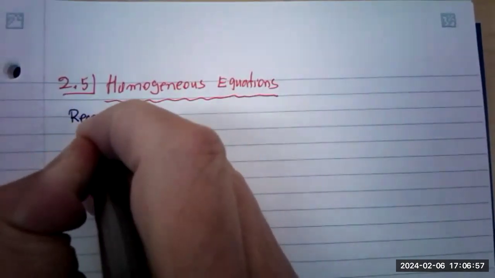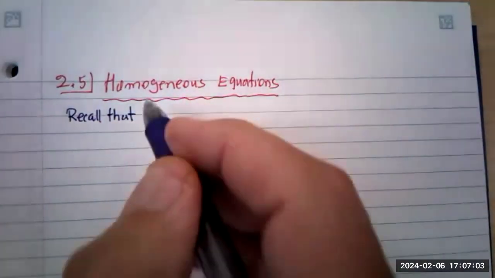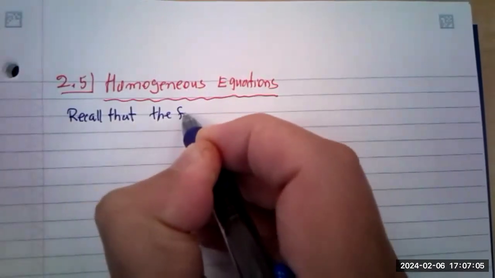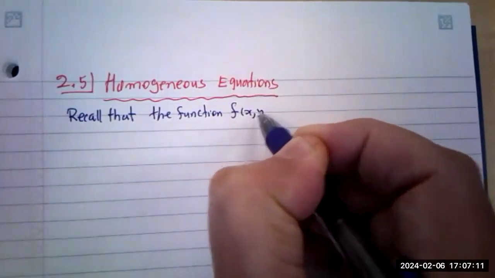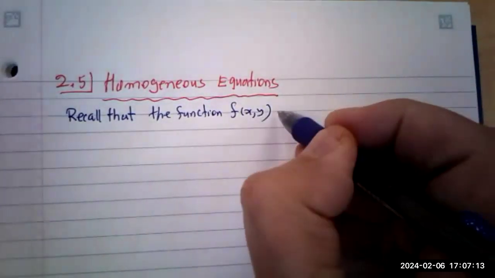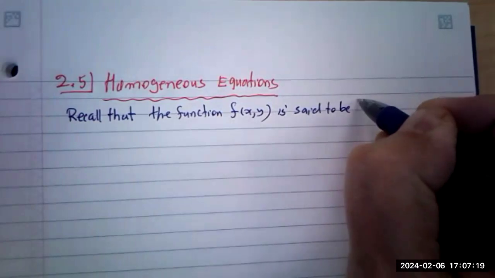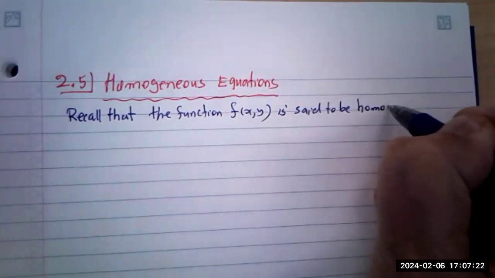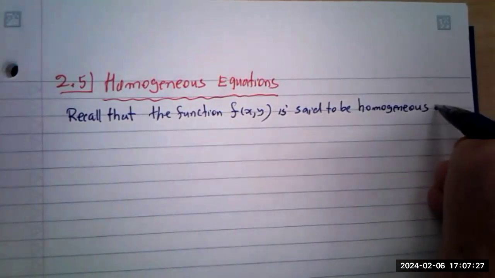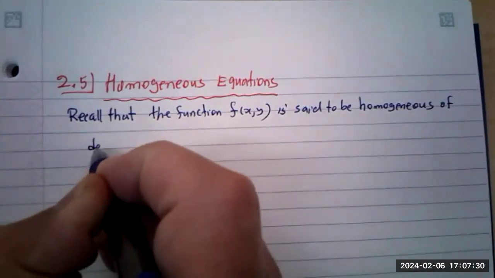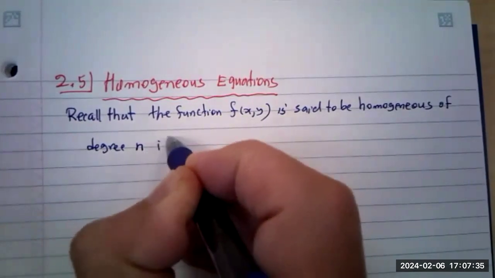So recall that a function of two variables, the function f of x comma y, is said to be homogeneous of degree n if it satisfies this condition.